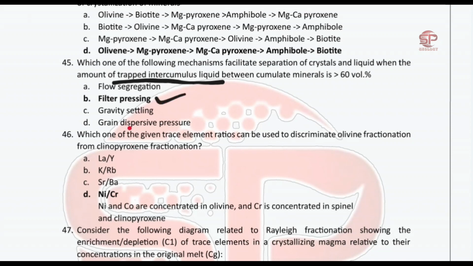By applying pressure, the trapped liquid can separate from the mineral. If it is in this 60%, if it is free or interconnected, they are able to separate themselves, by gravitative settling or other processes. But if it is trapped intercumulus liquid, it is best separated by filter pressing. So if you apply pressure, then the trapped liquid will separate from the cumulus solid. So it will be filter pressing.